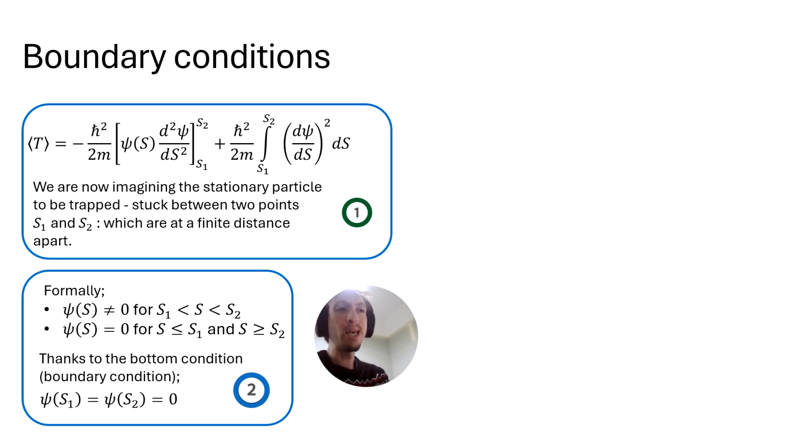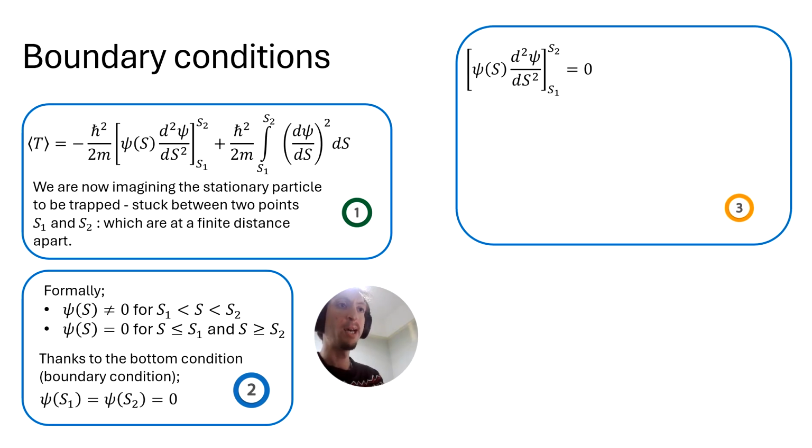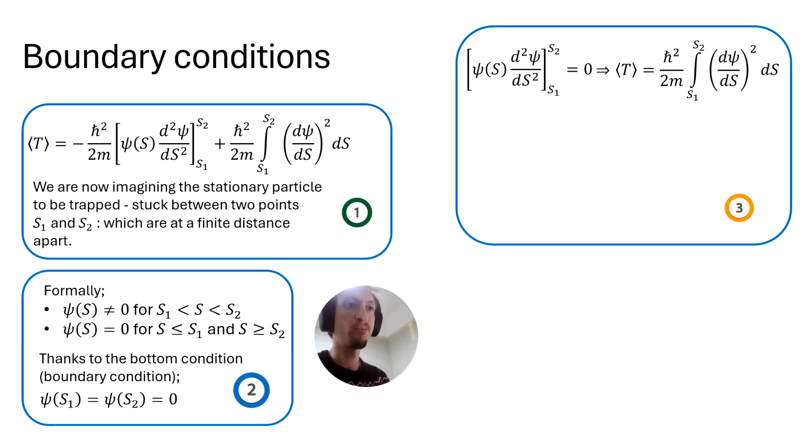And we don't even care what the second derivative is, because we're multiplying the second derivative at S1 and S2 by psi at S1 and S2. But psi at S1 is 0, psi at S2 is 0, so that whole square bracket term goes away, and we are left with a rather neat expression for the average kinetic energy of our stationary state particle.